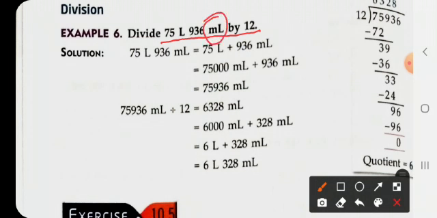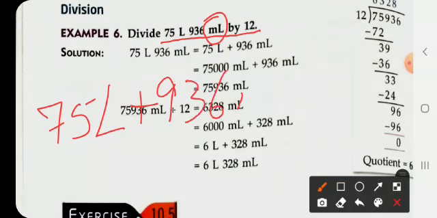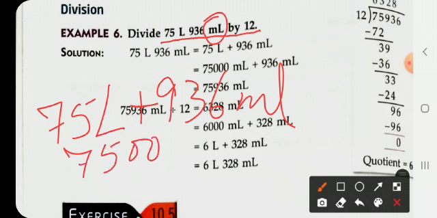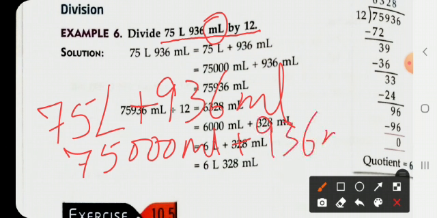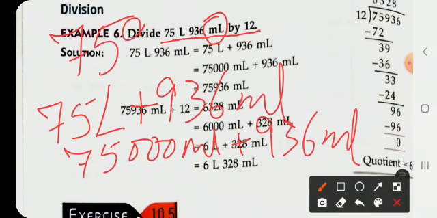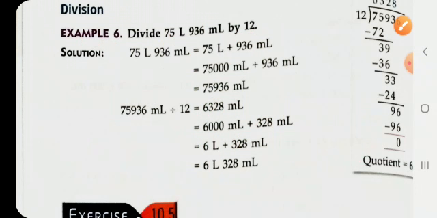So for conversion to milliliters, it will be 75 liters plus 936 milliliters, which is 75,000 milliliters plus 936 milliliters, and it will give 75,936 milliliters.